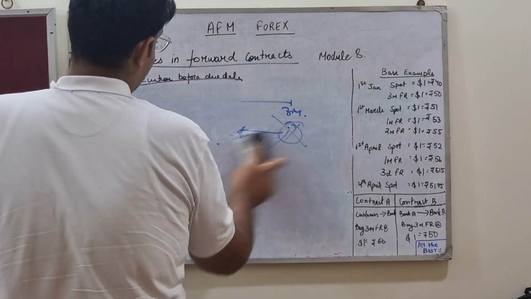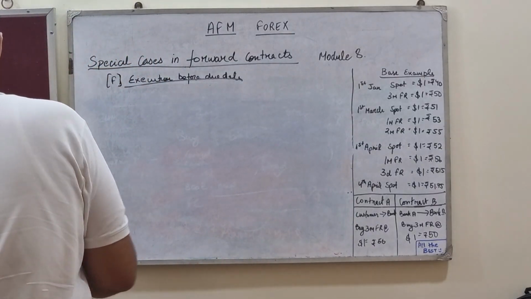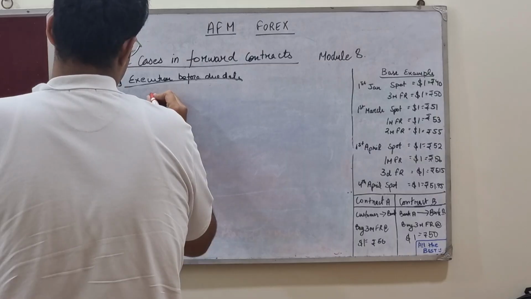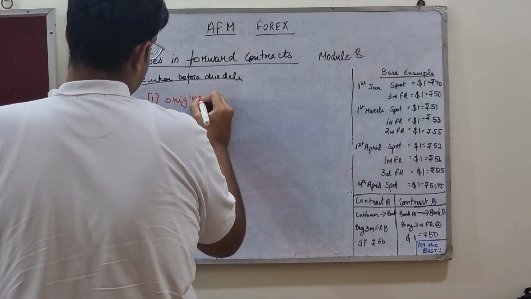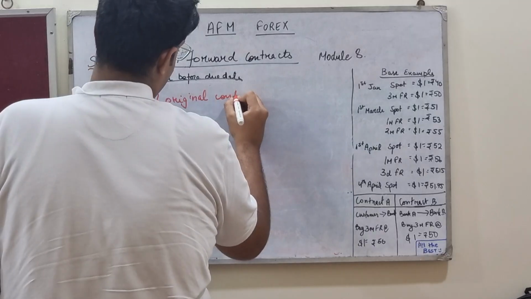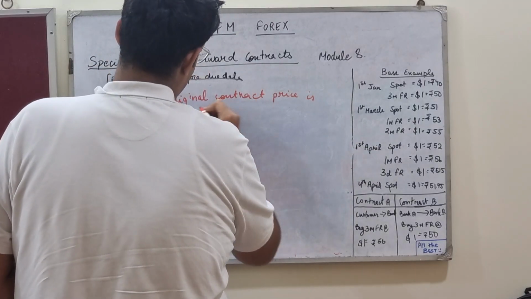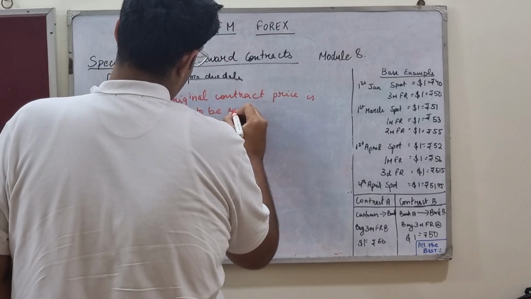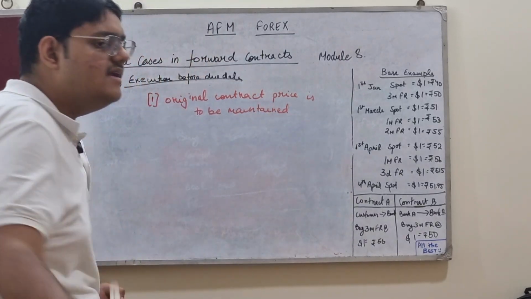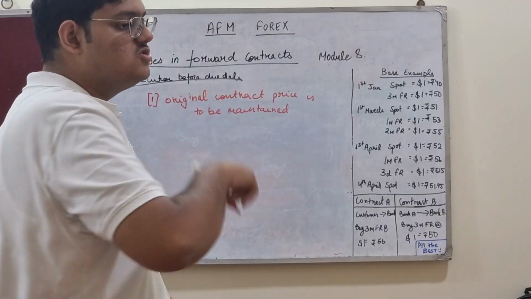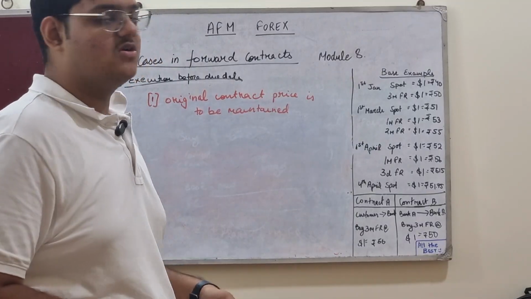Here there will be 3 different steps and 3 different rules. The rules are: first one, original contract price is to be maintained. Well, technically we are cancelling the future contract and buying on spot today.